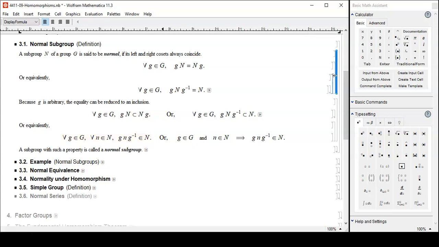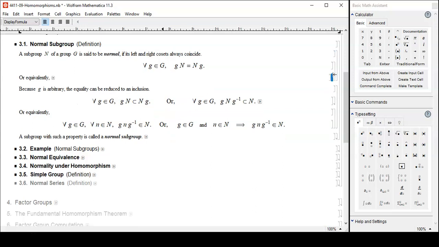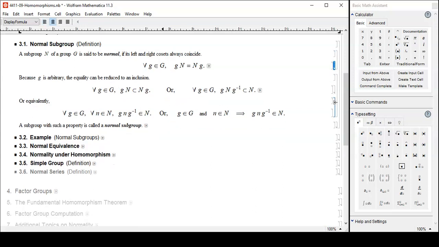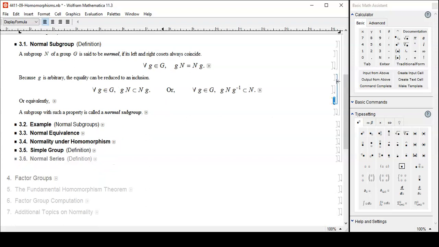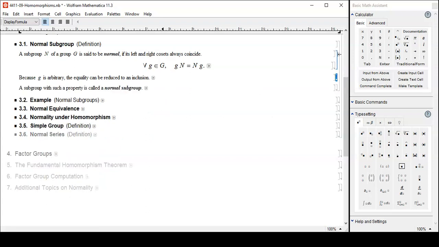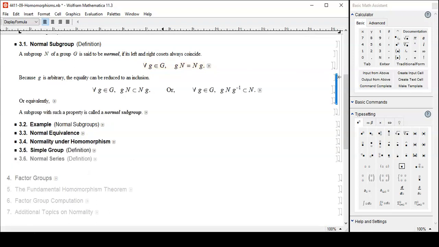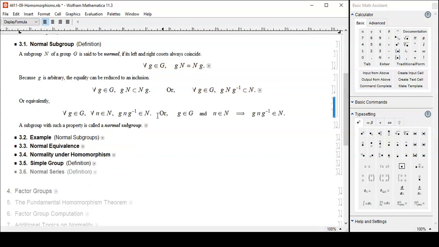So much for the definition and the properties of normal subgroups. The subgroup of G that satisfies all these conditions is called a normal subgroup. As a matter of fact, the definition involves only this one, and everything else that we did is a reduction, reduced into this, and reduced further into this form or that form.